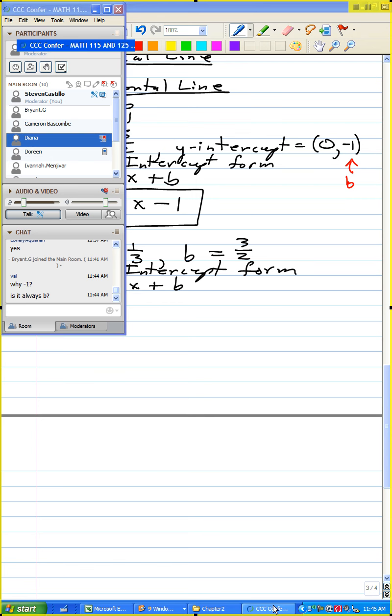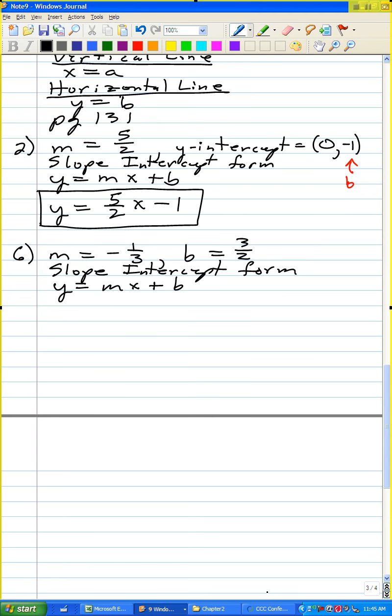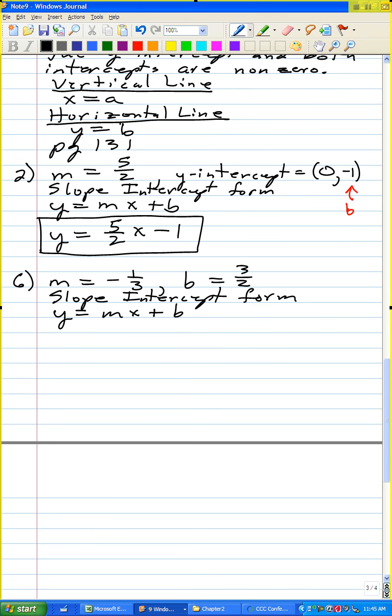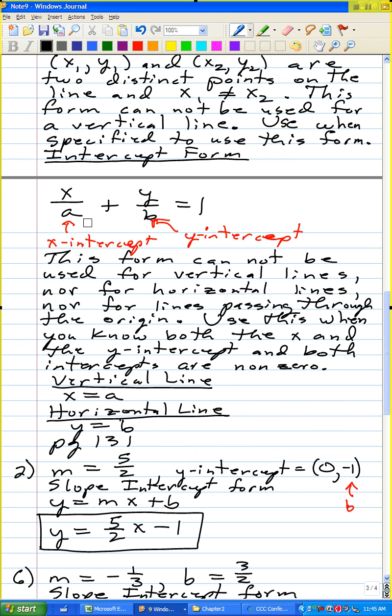Yes, our notation is that the slope is denoted by m. The x-coordinate of the x-intercept is denoted by a. And the y-coordinate of the y-intercept is denoted by b.